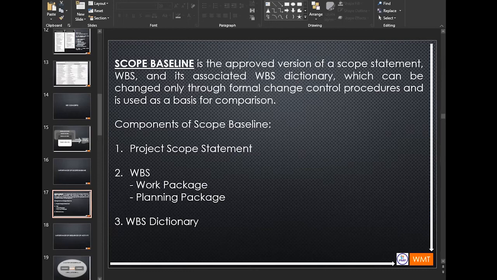Pag ganon, dapat mag-change request ka dahil maapektuhan yung schedule baseline. So depende sa client kung papayag siya na ma-delay yung project. Pwede naman ma-delay yung project pero magbayad ka ng liquidated damages, depende sa contract.